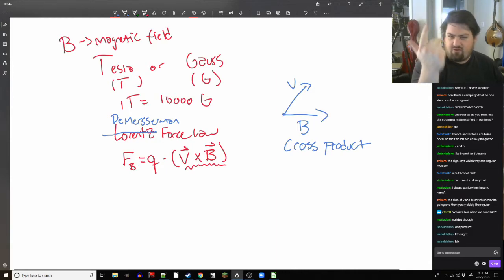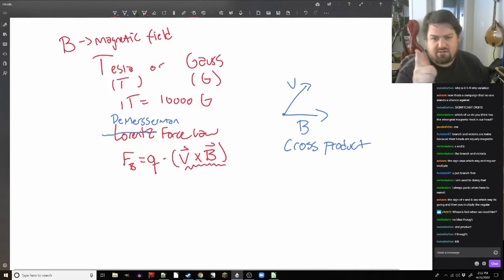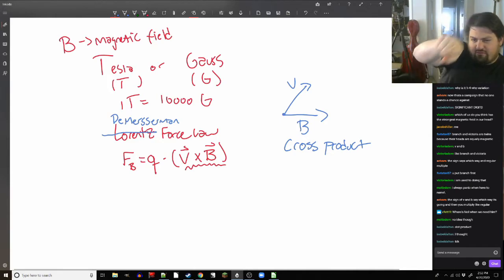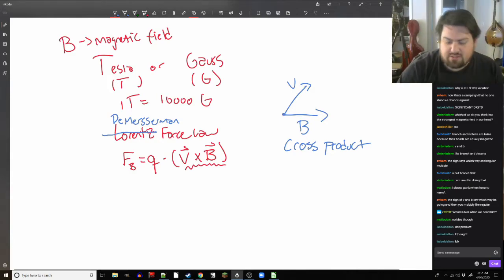This is the result of a cross product, where you have v and B, two vectors, and the result of multiplying them is a third vector perpendicular to both of the original vectors. So if B is going that way, and v is going that way, the perpendicular vector is going straight into my screen. So the direction of force is going into the screen.